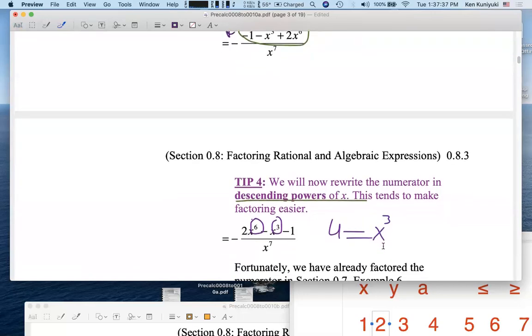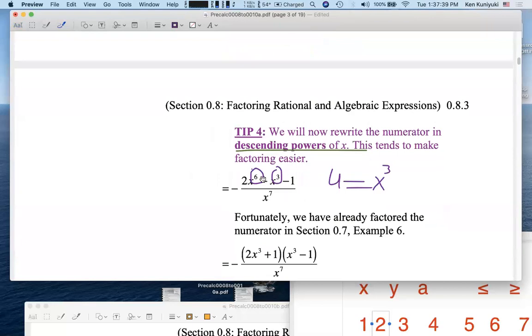We factored this at the end of 0.7. All right. We started by noticing that the top can factor like so. Again, you didn't need to apply the substitution, but you can. So we get the opposite of the fraction. The top factors for now as the factor 2x cubed plus 1 times the factor x cubed minus 1.